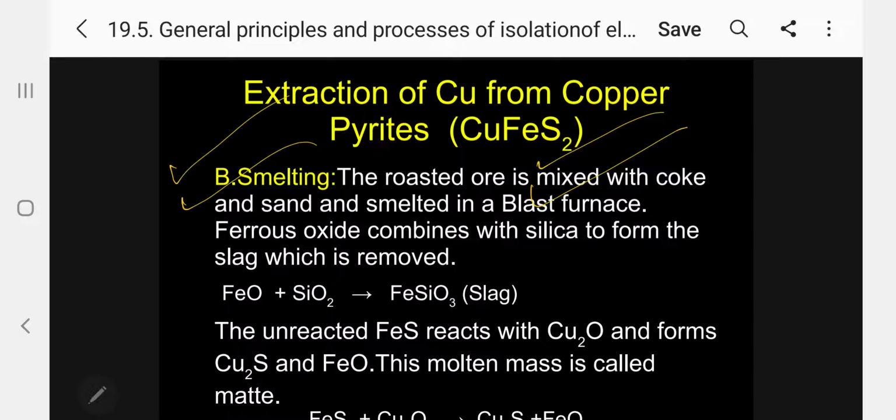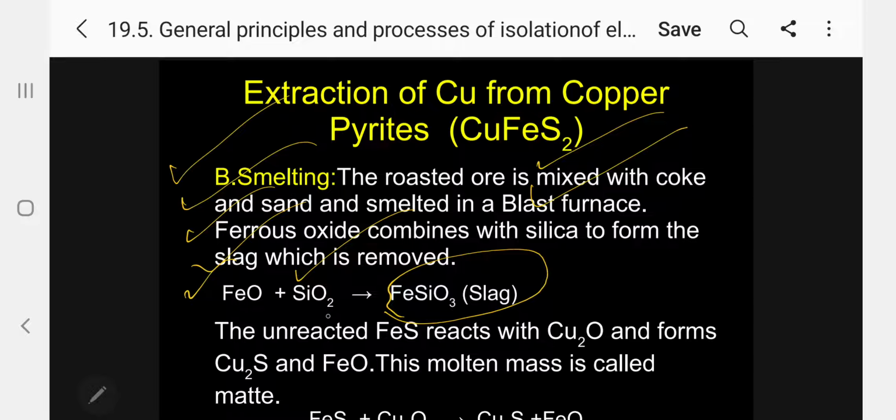Here coke and sand are melted in the blast furnace. Ferrous oxide combines with silica to form slag, which is removed. So ferrous oxide reacts with the sand and is converted into slag, FeSiO3, in the form of slag waste.